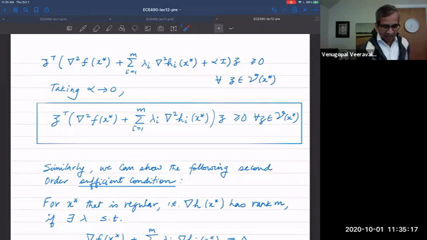So that means that this may not be a positive semi-definite matrix, but still this condition could hold if we only restrict ourselves to z belonging to V of x star. Okay, so that's the second order necessary condition. That's how we bring the constraints into the second order necessary condition.